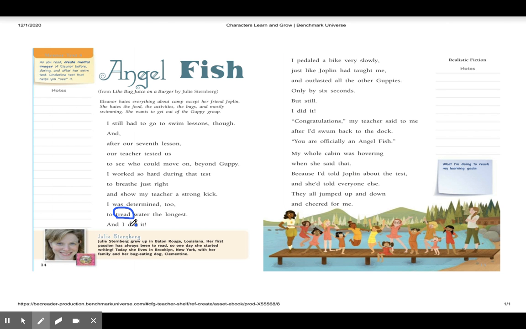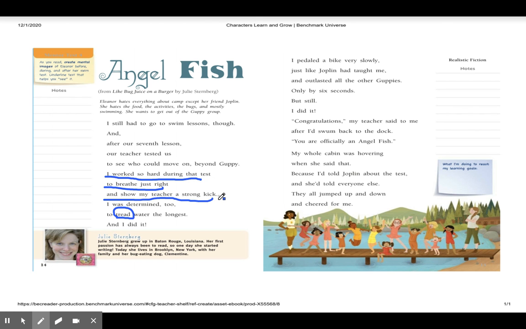Sometimes context clues are in the same sentence as the unknown word, but sometimes they may be found in the nearby sentence. So let's go back to just a sentence or two behind, and I'm going to underline it. This sentence right before the sentence with the unknown word says, I worked so hard during the test to breathe just right and show my teacher a strong kick.